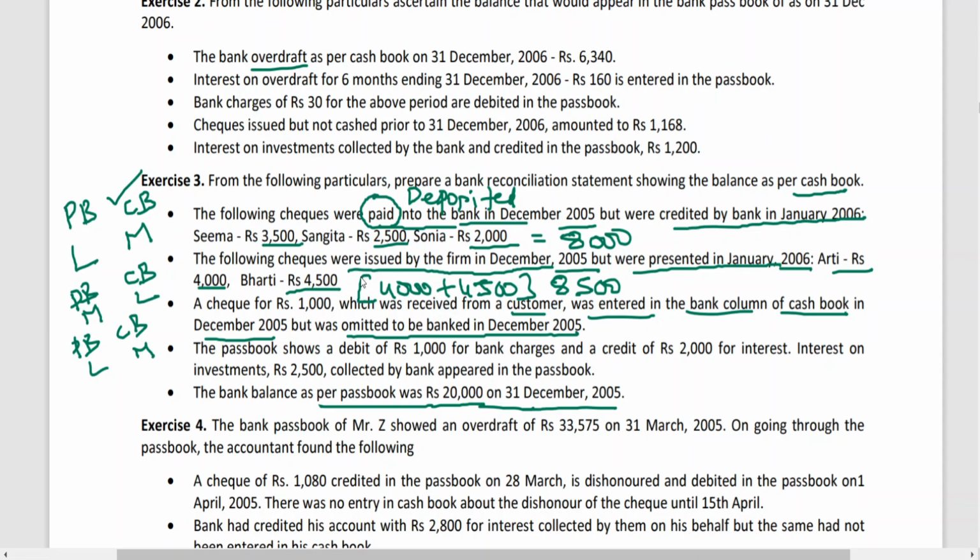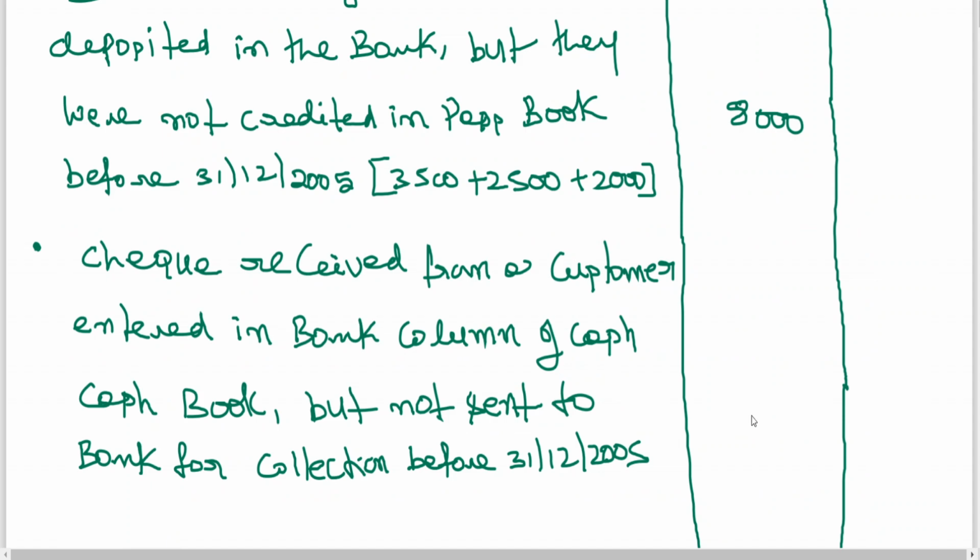What is the amount? Tell me here. 1,000 rupees. Next one.